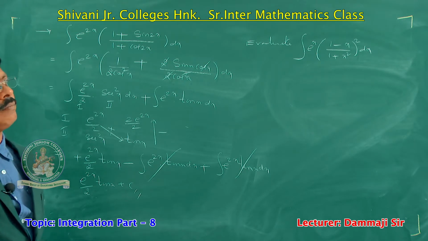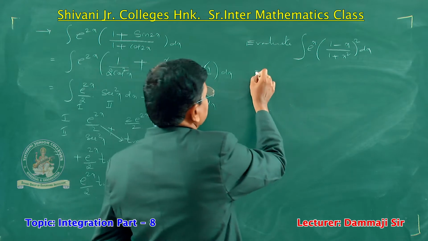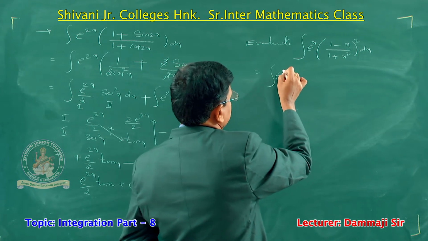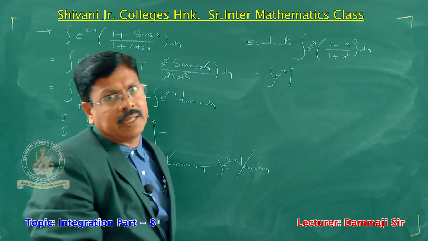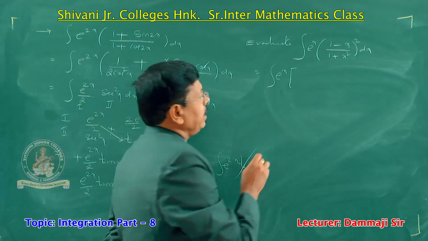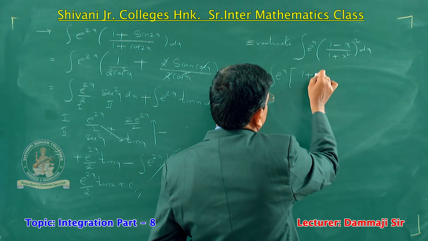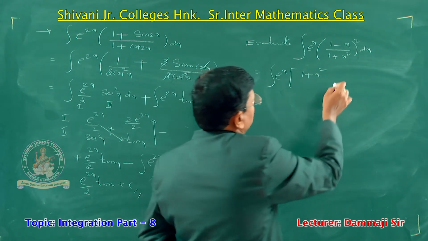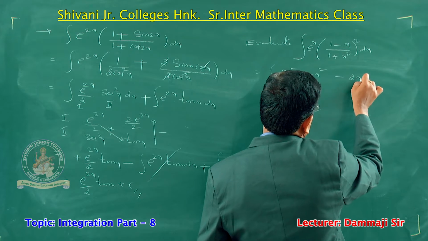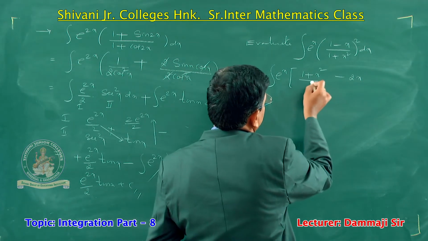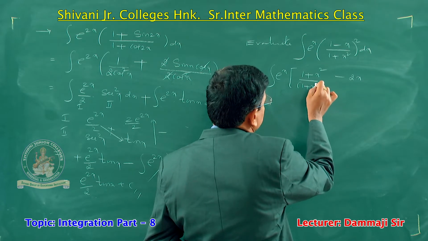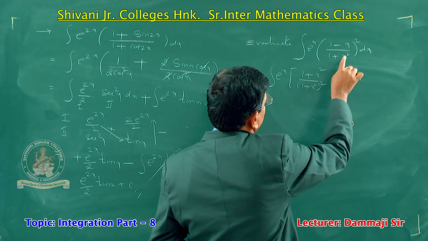You can check the process: e power x, right? Okay, fine. 1 minus x whole square is there. What about the expansion of 1 minus x whole square? 1 plus x square minus 2x. Okay, fine. What about the denominator? 1 plus x square whole square, keep it only.